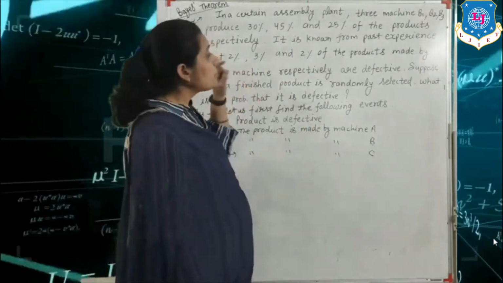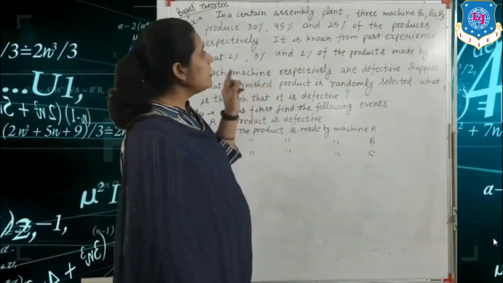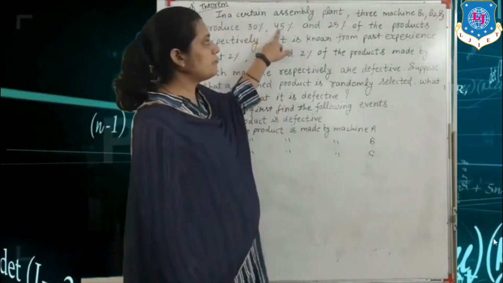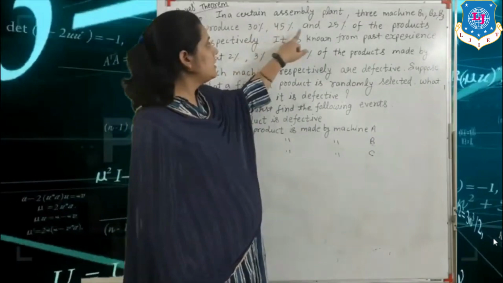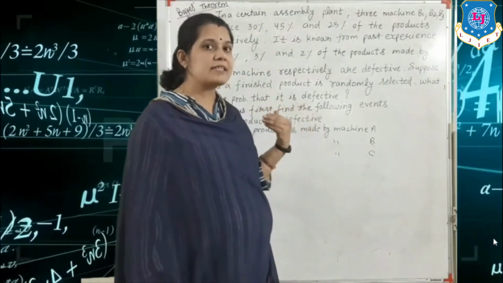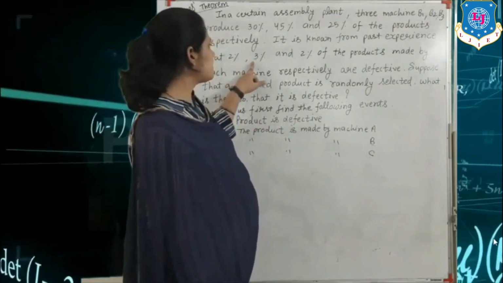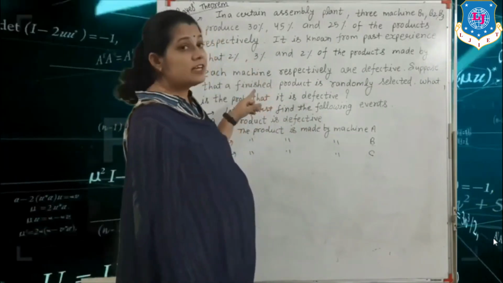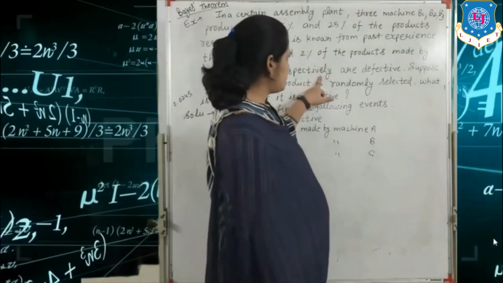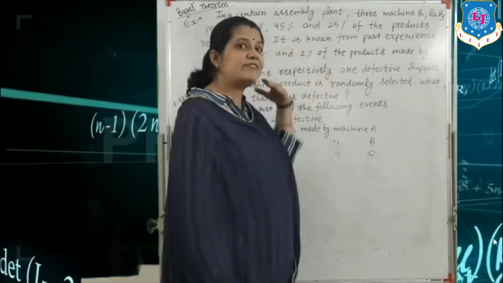That means with three machines B1, B2, B3, the production of B1 is 30%, B2 is 45% and B3 is 25%. But from past experience, the products made by machines B1, B2, B3 respectively are defective at 2%, 3% and 2%.